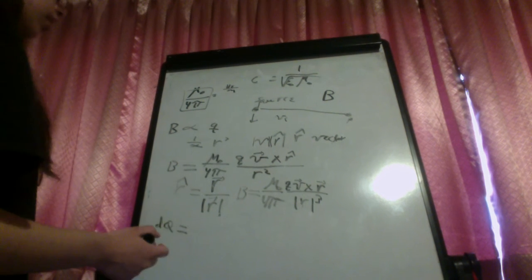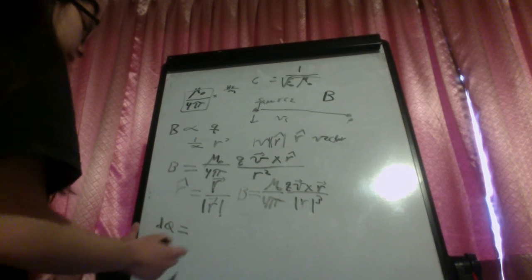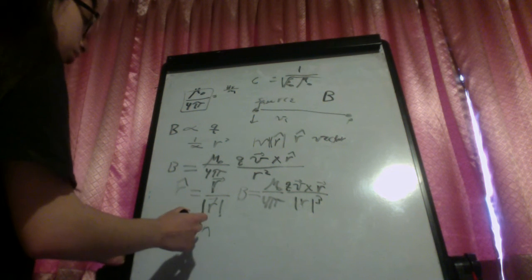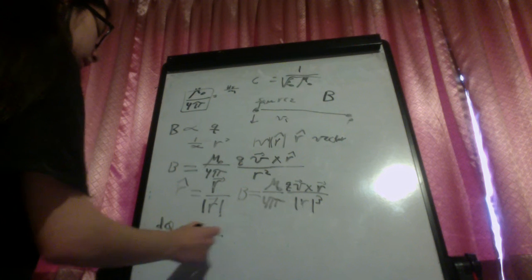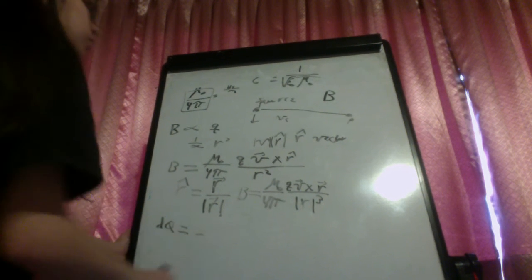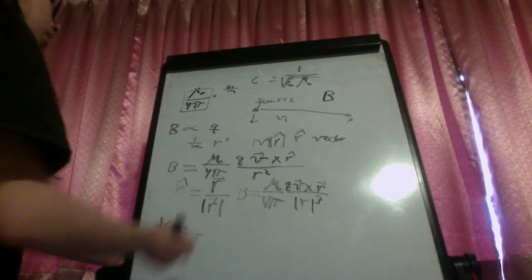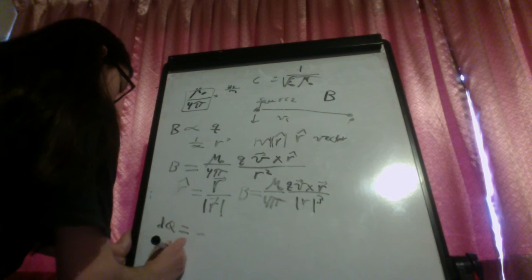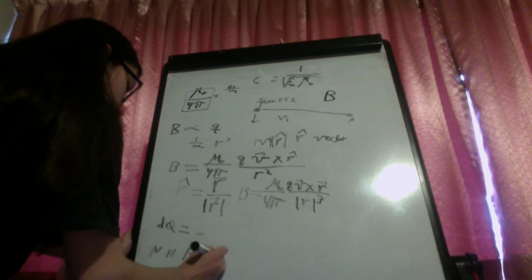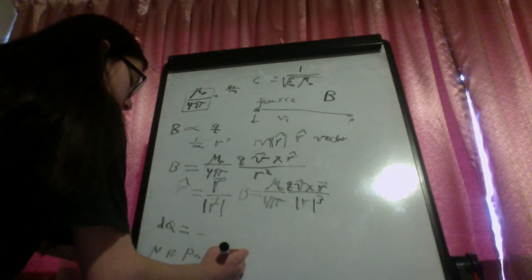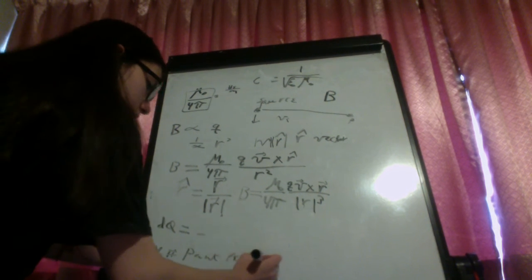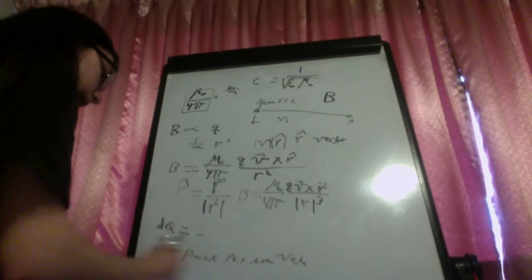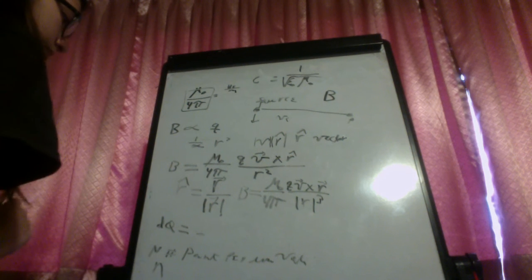Let's say that I have some number n of particles moving in a volume, so I have n number of particles moving per unit volume, and I will call this number small n.